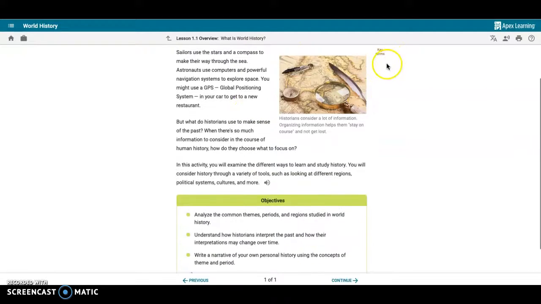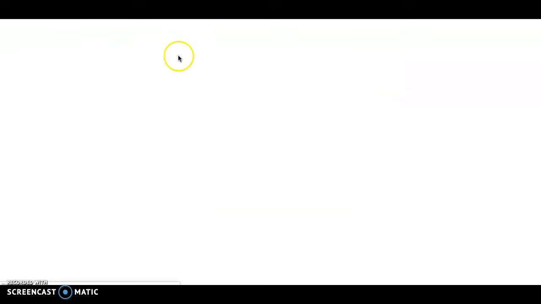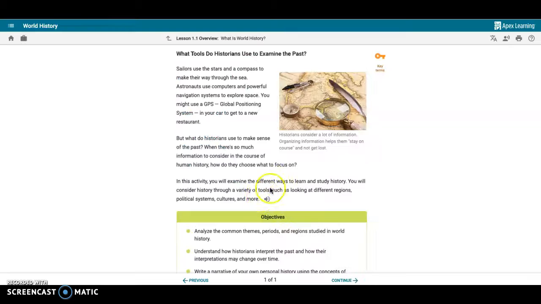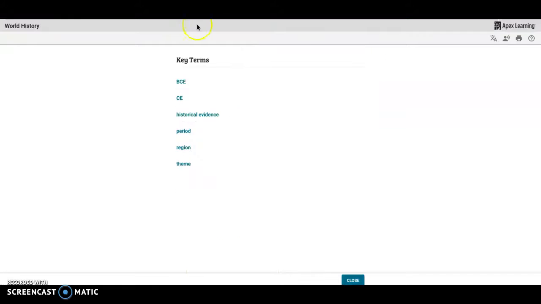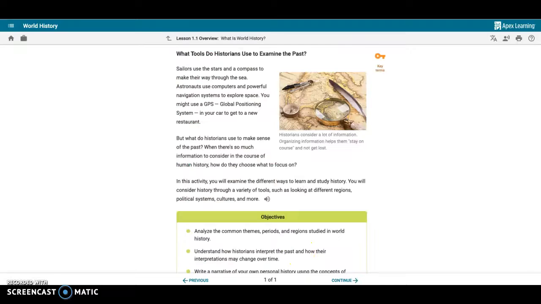There are some supplementary materials on the side that they can click on, and it breaks down some key terms, but it's not a forced task. It didn't prompt me. I could still continue and not have clicked that. But it does have some nice things where it breaks down words that students may struggle with.